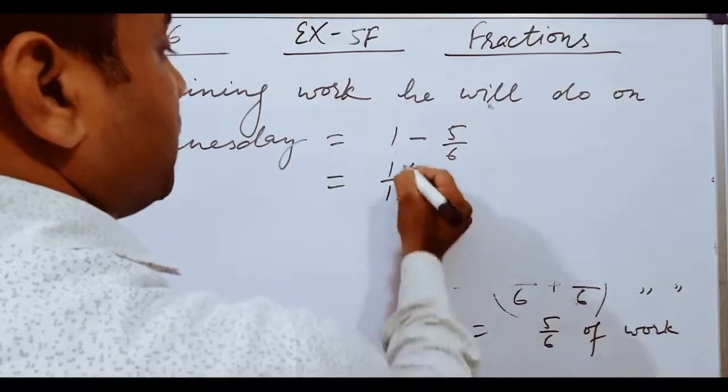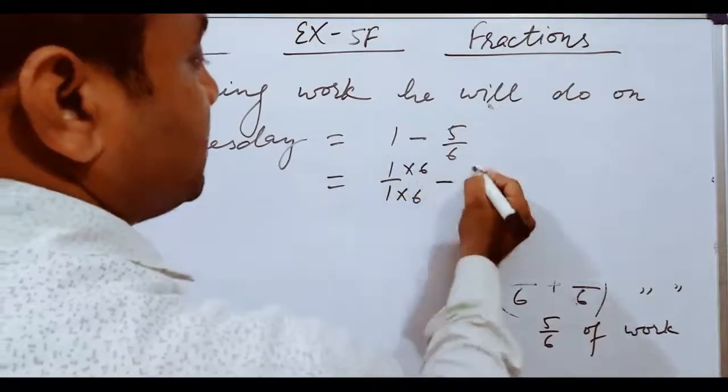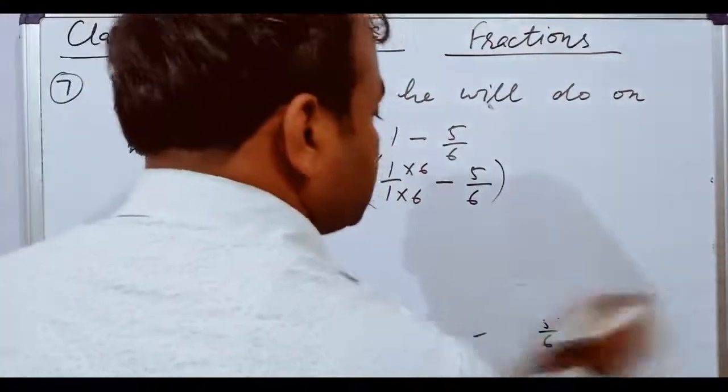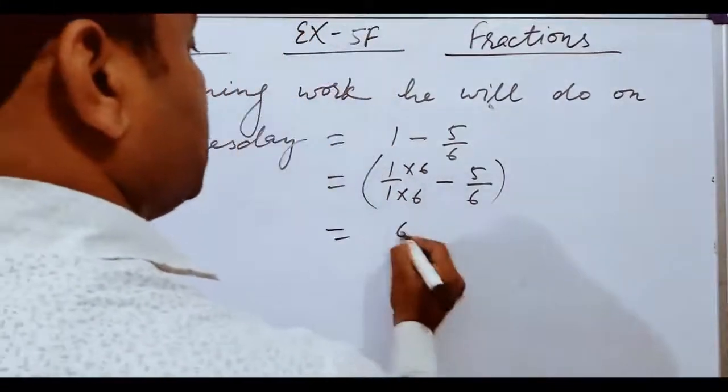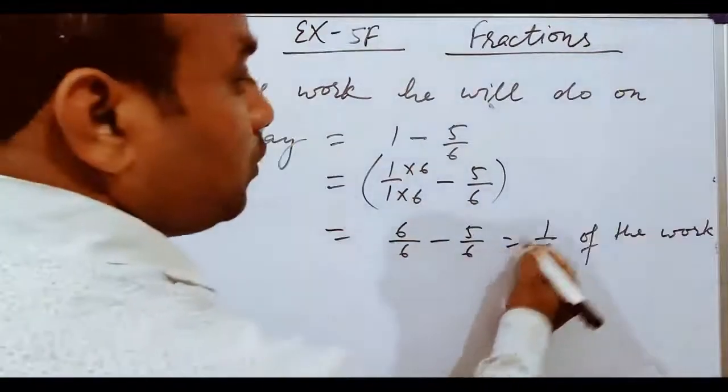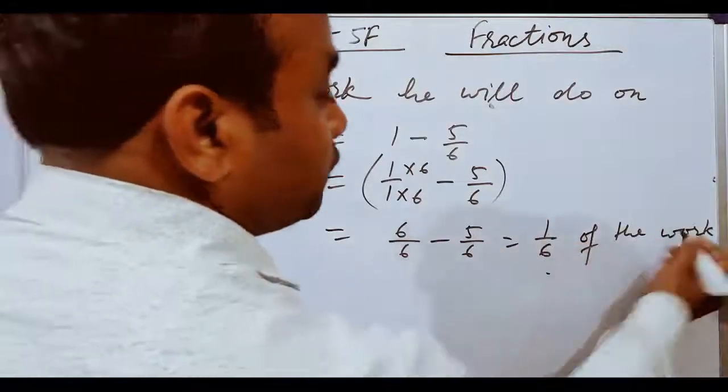Make denominator 6. 1/1 we can write, then multiply by 6 up and down, then it is 6/6 minus 5/6, equal to 1/6 of the work.